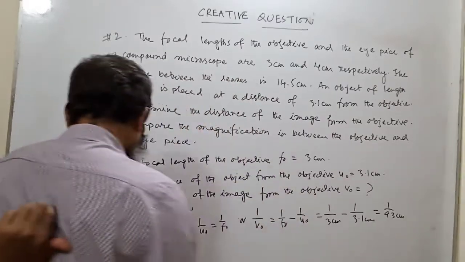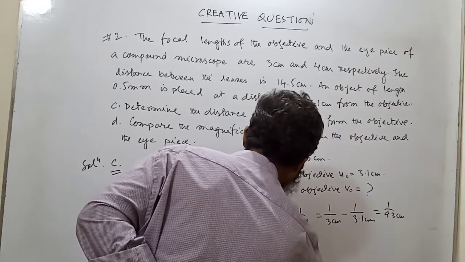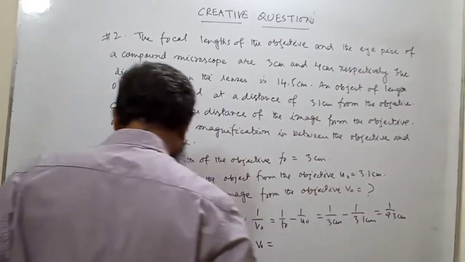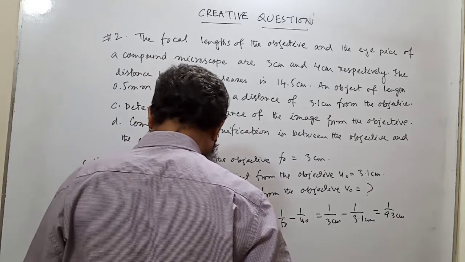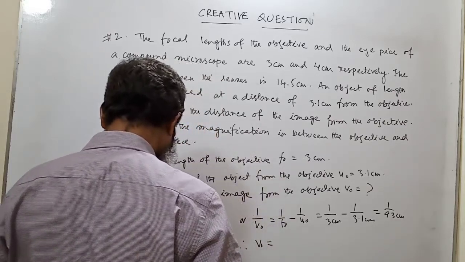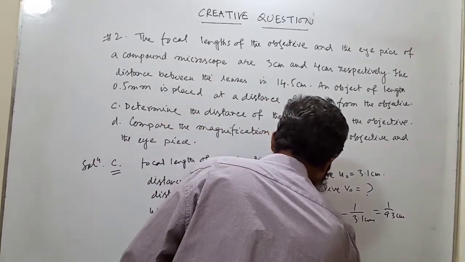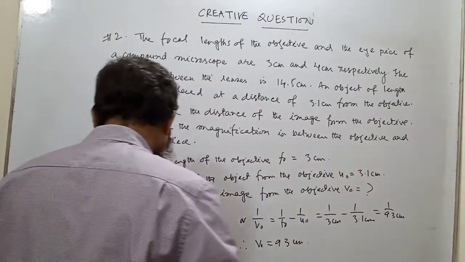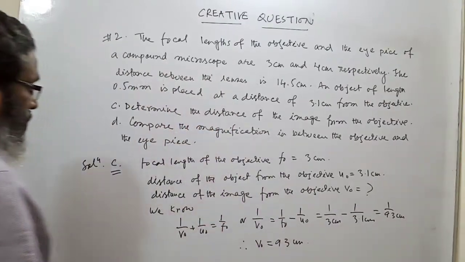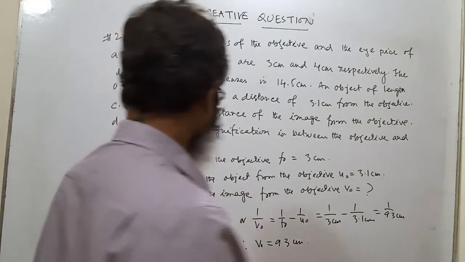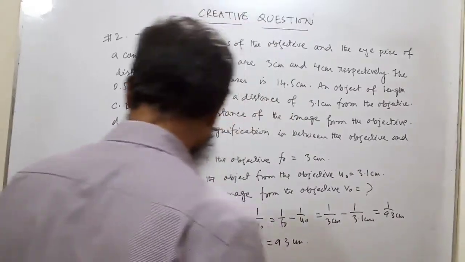Therefore, v naught is equal to 93 centimeter. The distance of the image from the objective is 93 centimeter.